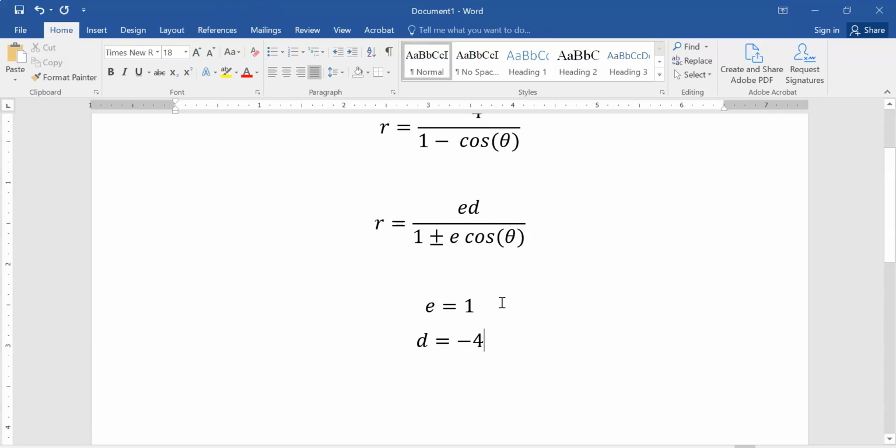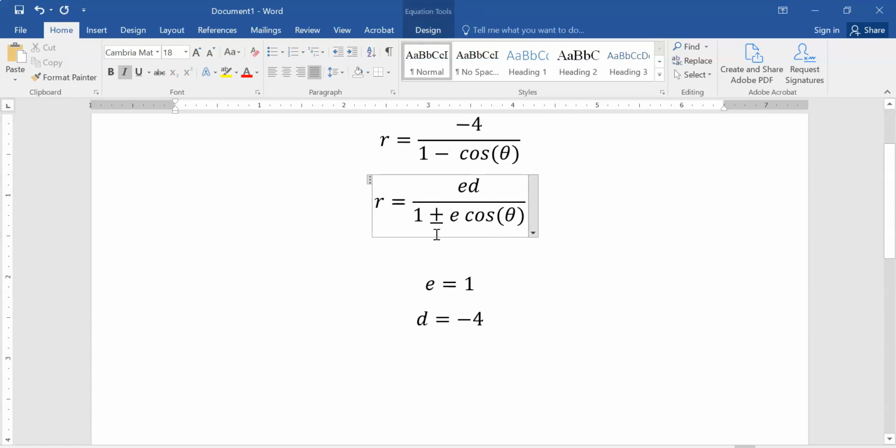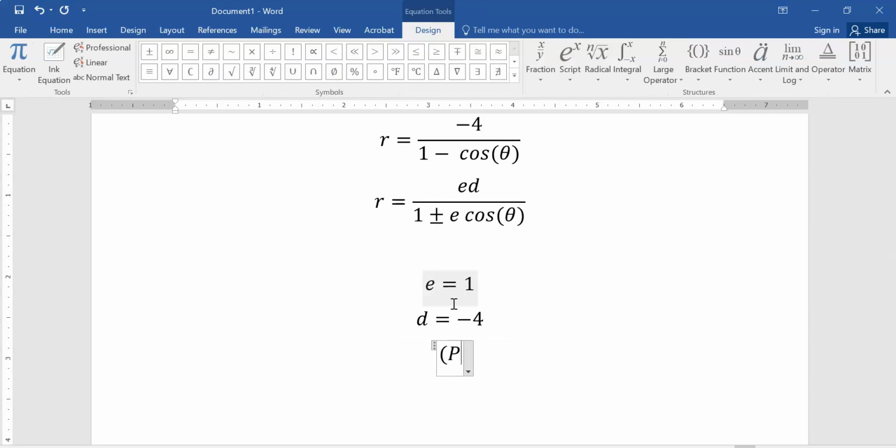This equation is the equation of a conic section whose eccentricity is 1 and where the distance between the pole, which we think of as the origin, and the directrix is -4. Because the eccentricity is 1, we also know that this has to be a parabola. So when we graph this, we should expect to see a parabola.